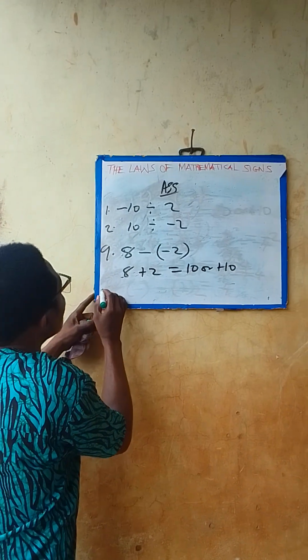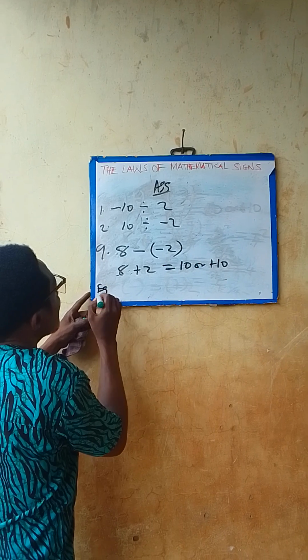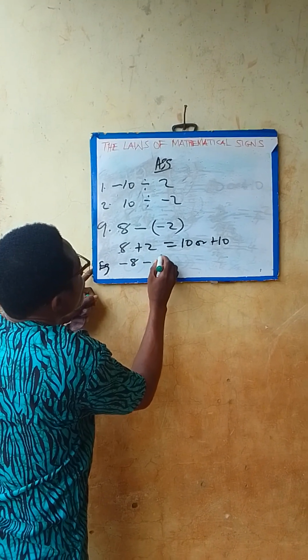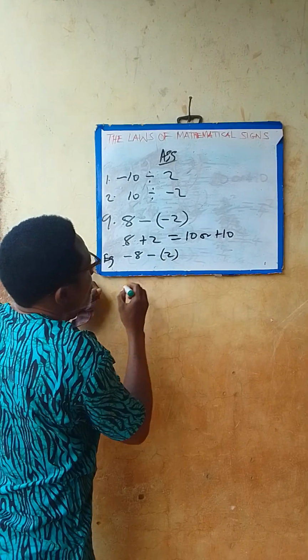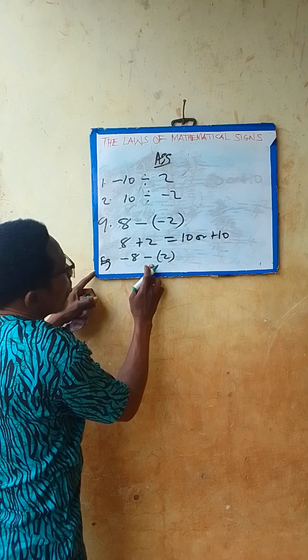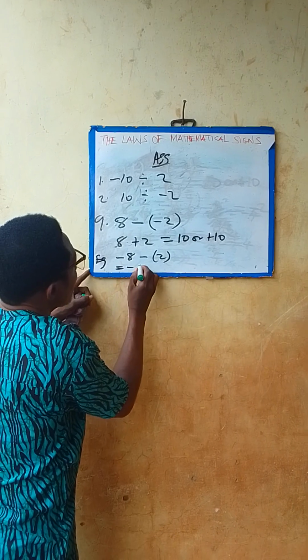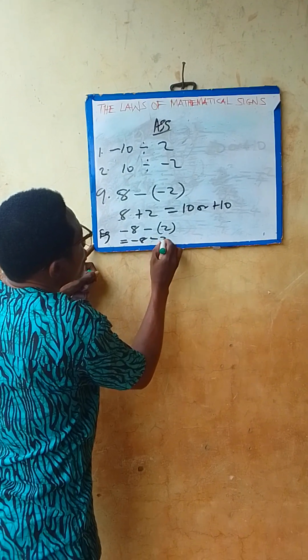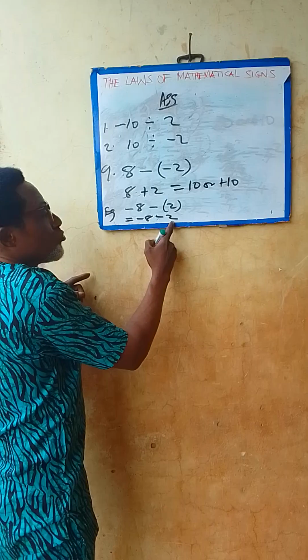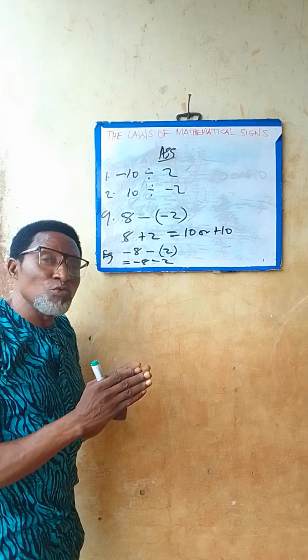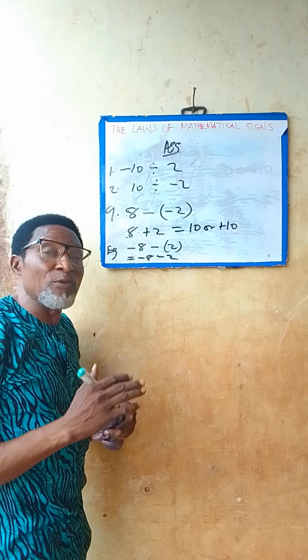So another example is, if you have minus 8 minus plus 2, it can also be rewritten as minus 8 minus 2. When you have a number like this, minus 8 minus 2, you add the two numbers together and retain the minus sign.